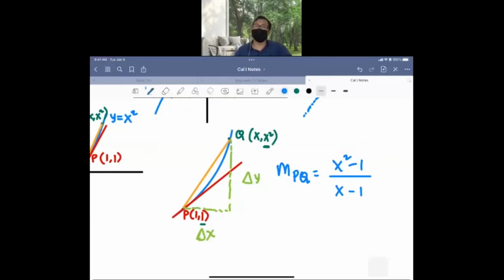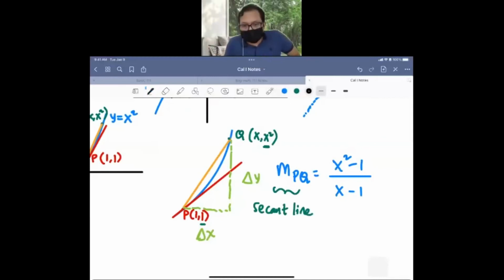We also call this gradient the secant line. Secant means something that cuts, so we cut this curve, and we call it the secant line.